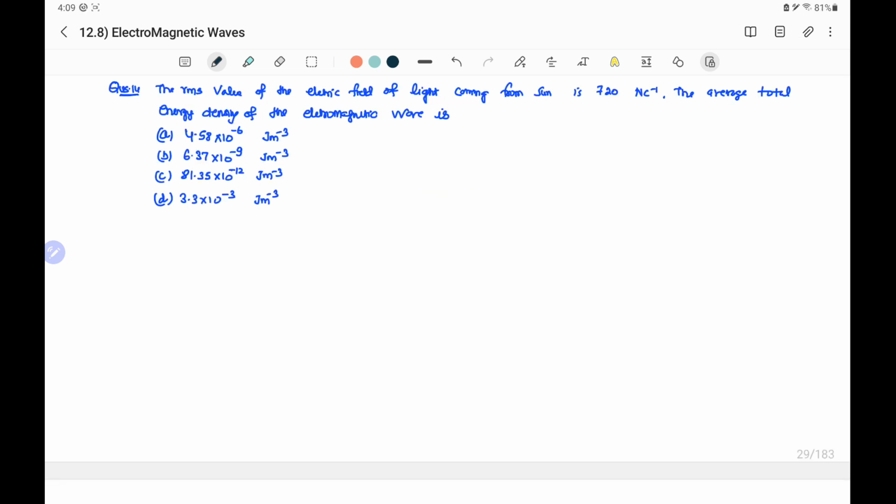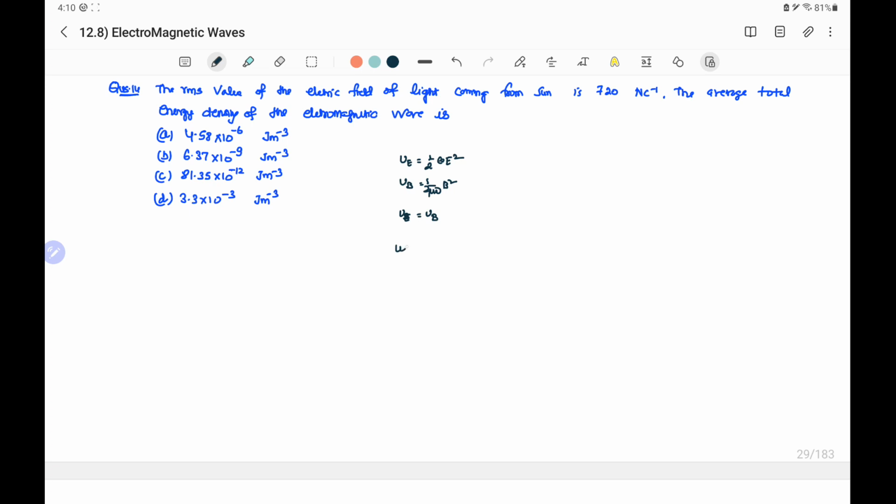Next question is, the RMS value of the electric field of light coming from the sun is 720 Newton per Coulomb. The average total energy density of the electromagnetic wave is? We know that energy density of electric field is 1 by 2 epsilon naught E square, and magnetic field is 1 by 2 mu naught B square, and energy density of electric field will be equal to energy density of magnetic field.